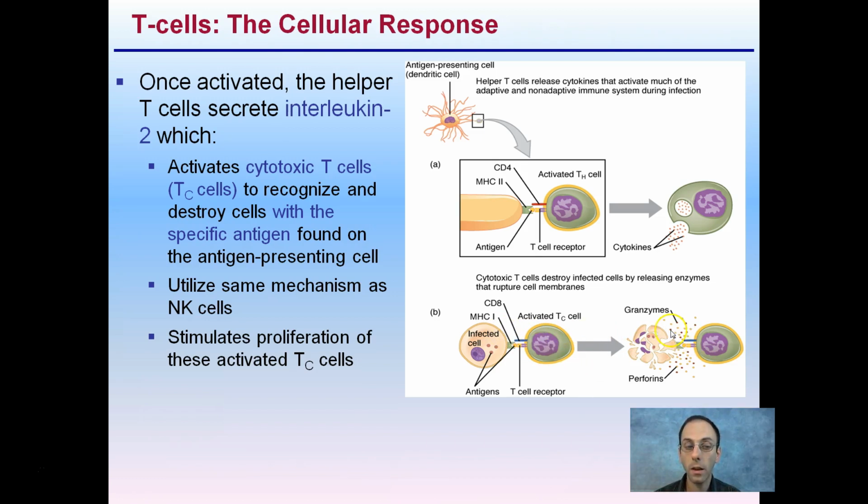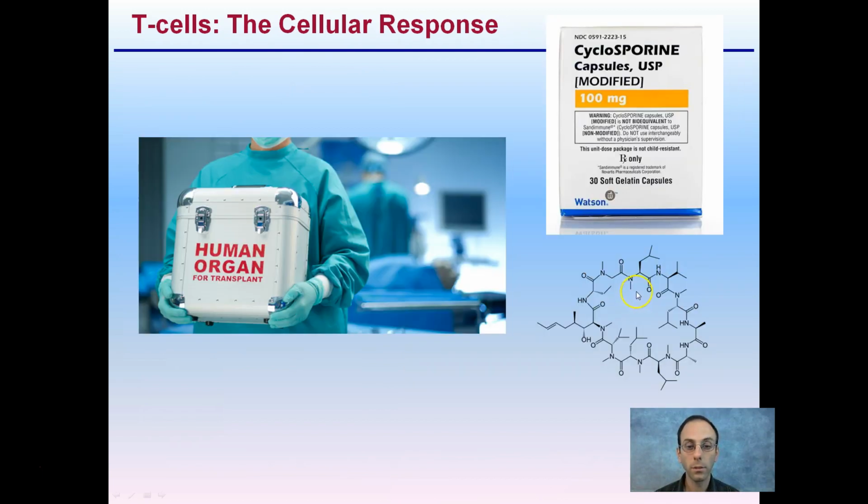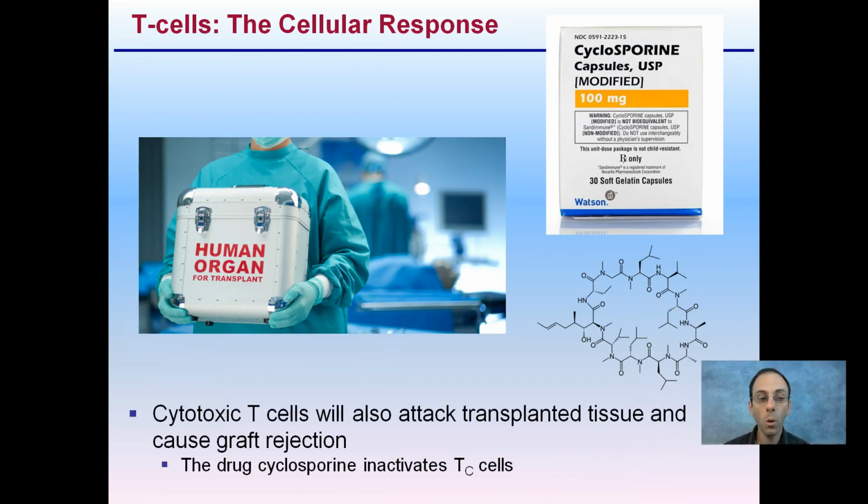Now, the method that it chooses to use is very similar to those of natural killer cells, and this stimulates the proliferation and activation of these cytotoxic T cells to help initiate this cellular response, to help control these infected cells that might be circulating throughout the body. Cytotoxic T cells will also attack transplant tissue and cause graft rejection.